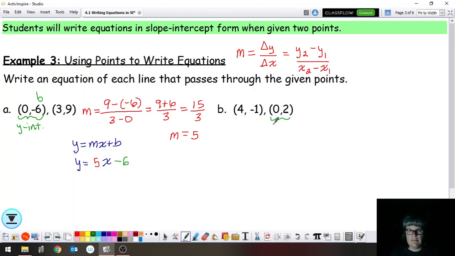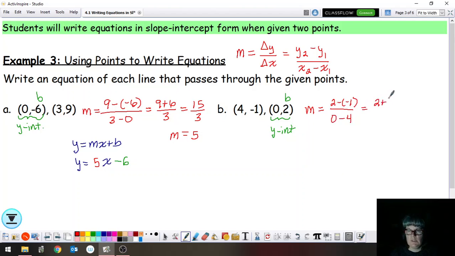For the second example, the second point is our y-intercept with the b value of 2. We need to find our slope, so 2 subtract -1 over 0 subtract 4.